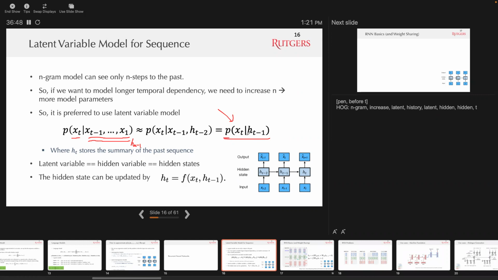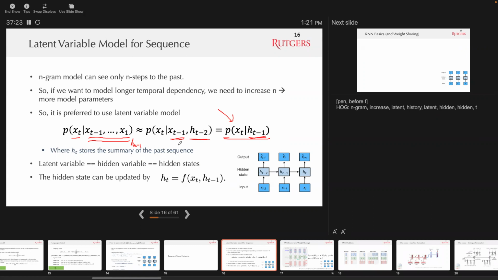And recursively, ht minus 1 is equivalent to combining xt minus 1 and ht minus 2. ht minus 2 is the history up to t minus 2, and if you combine this with the current data, xt minus 1, then that becomes the new summary of history, right?